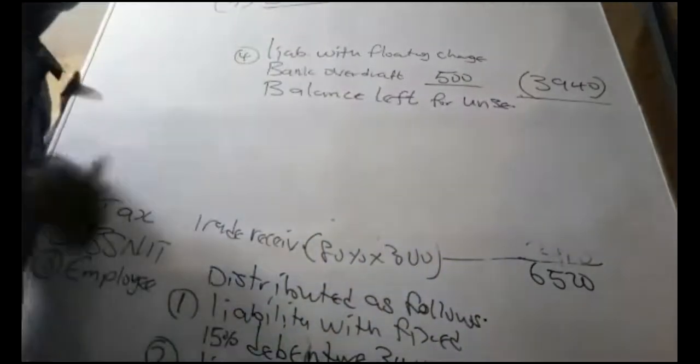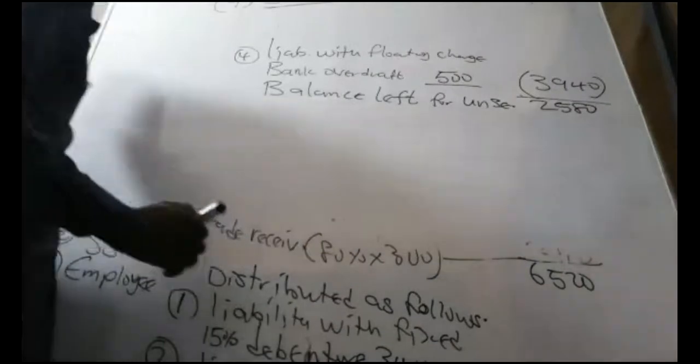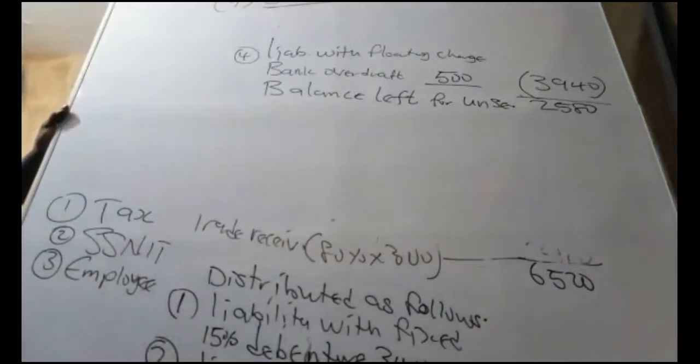What's the balance left for unsecured liabilities? I like that. 258L. And this is how we are going slowly. The same way as you go slow, then shoot up.